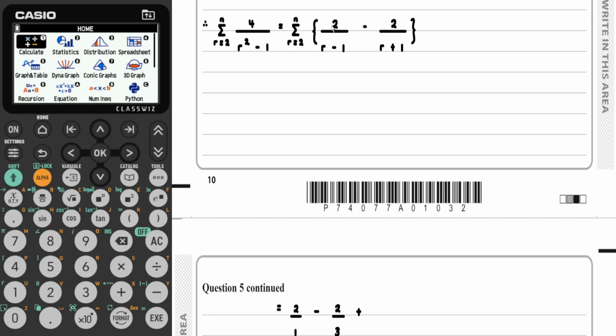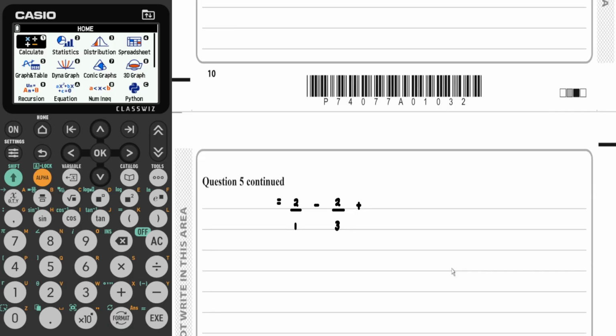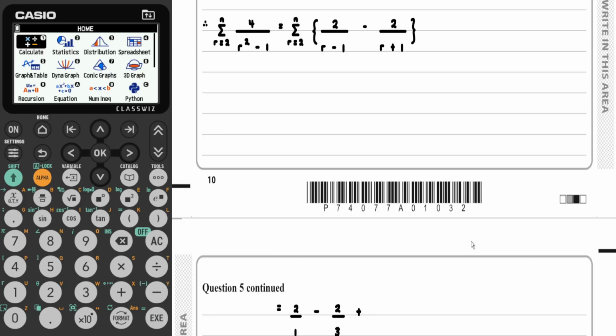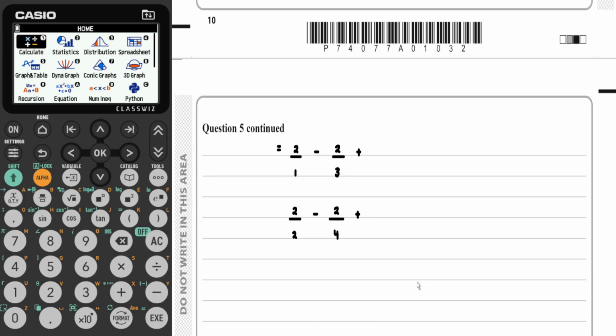When r equals 3, we have 2 over 3 subtract 1 subtract 2 over 3 plus 1. That's 2 over 2 subtract 2 over 4. When r equals 4, we have 2 over 4 subtract 1 subtract 2 over 4 plus 1. That's 2 over 3 subtract 2 over 5.